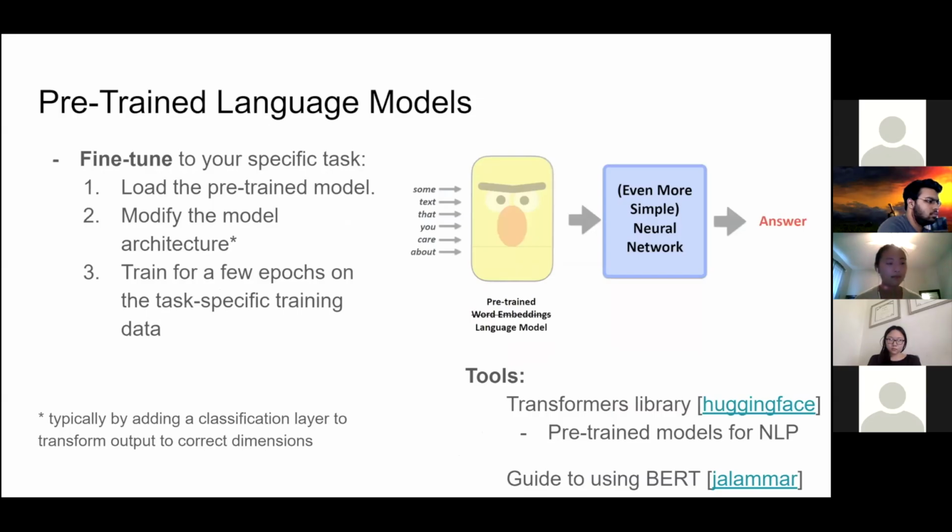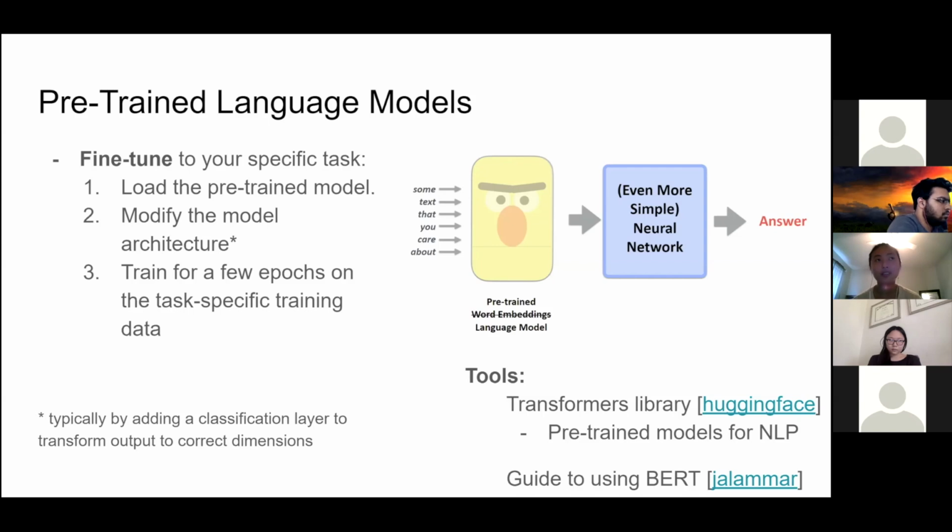So without having to read the 8-page paper that talks about BERT or any of its derivative architectures, you can still use these language models. You can basically treat this as a black box when you're fine-tuning to a specific task.